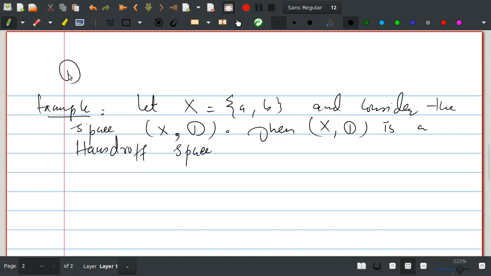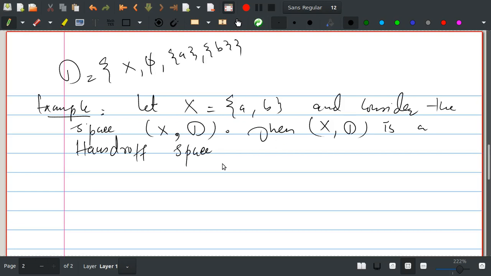Note that by discrete topology we mean the collection of all subsets of X. So we have X here, we have the empty set, we have singleton A, we have singleton B. So this is the topology here.